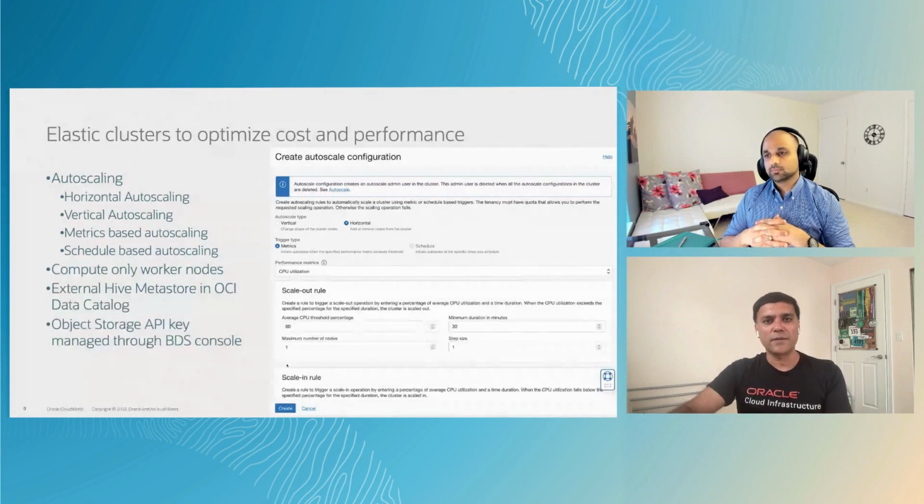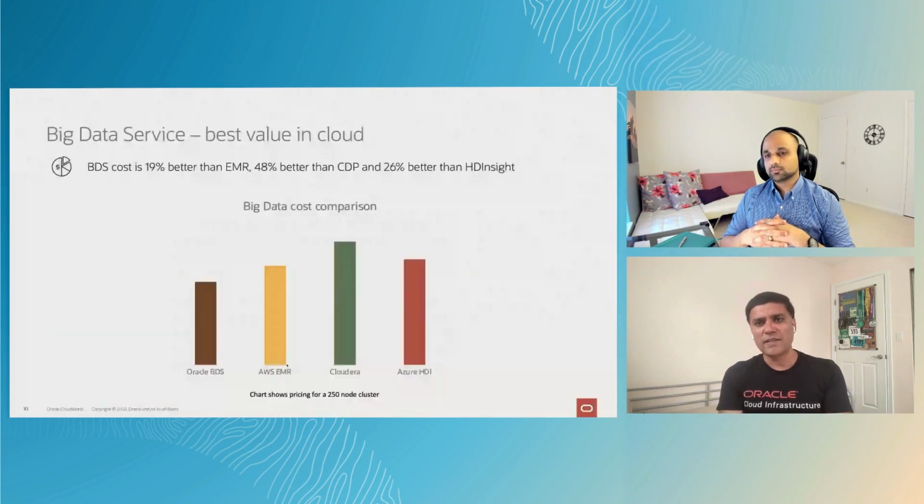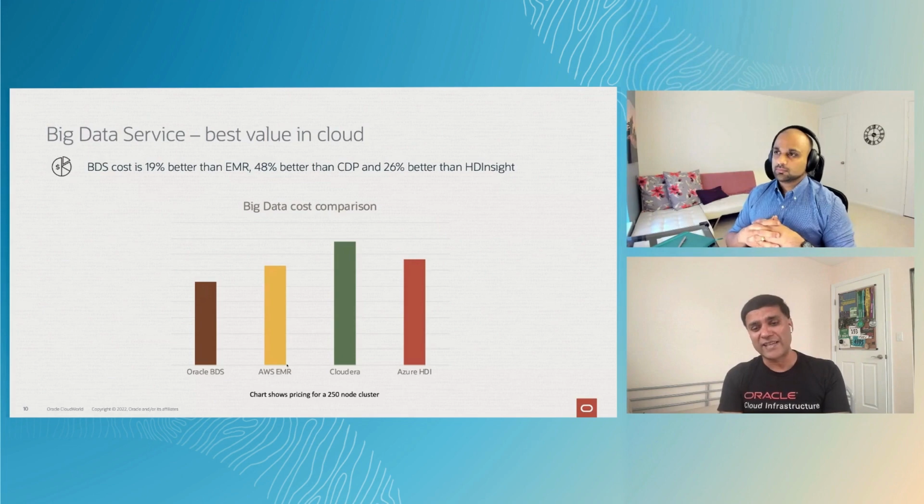And the last thing I would say before I hand it over to Adi is cost, because cluster costs can add up. If you're using a Hadoop cluster of any kind, maybe on-prem or in another cloud, you understand that pricing is a big factor in choosing a platform.